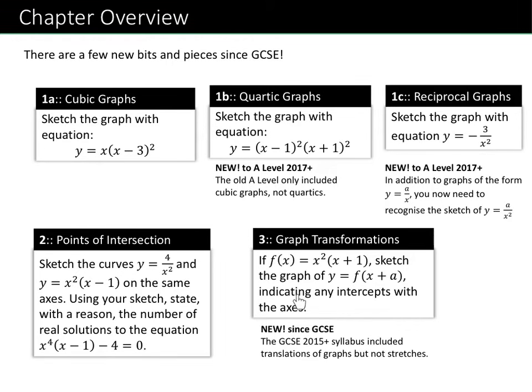And then transformations of graphs. Now, we have done this in the IGCSE, okay? So really, it's just transforming, instead of the standard quadratic and trig graphs that we know how to transform, different types of graphs.